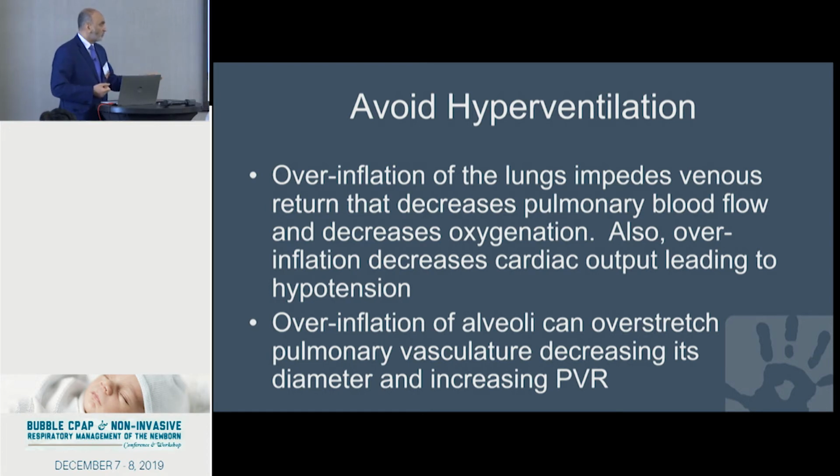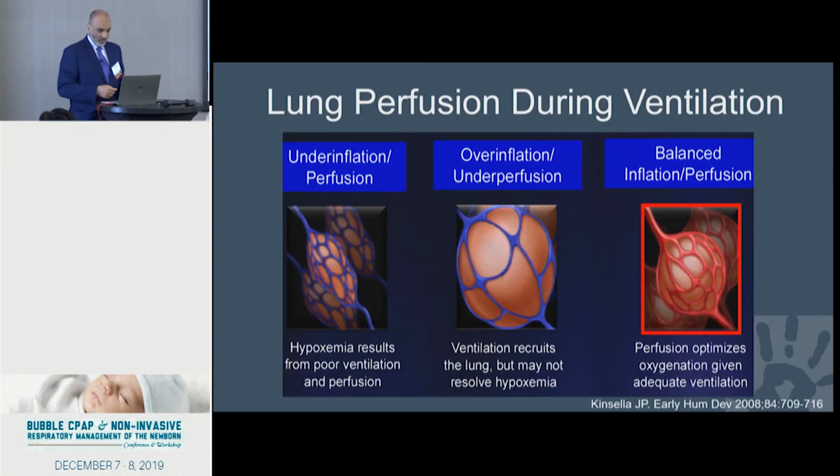Then overinflation of the alveoli can overstretch the pulmonary vessels, which will cause increased pulmonary vascular resistance. If you look, this is Cancella from Colorado, who presented it in one of his articles. When you are ventilating with appropriately balanced ventilation, the thickness of the pulmonary vessels looks this way, capillary.